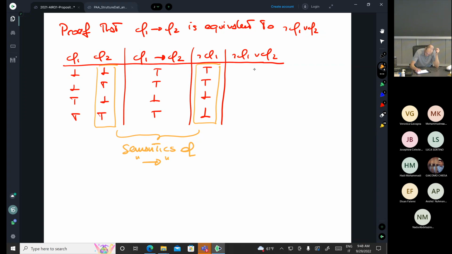Okay, so the disjunction is true. Here we have that phi2 is true. So again, this is true. Here we have that they are both false, phi2 and not phi1. So this is false. And here we have that one is true and the other is false. So it's true. Okay.